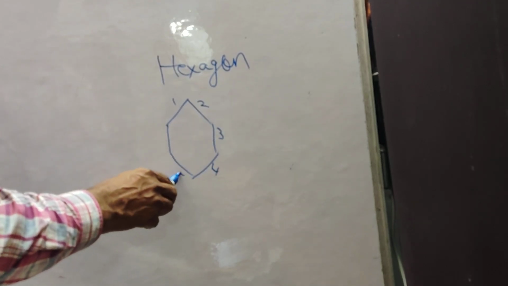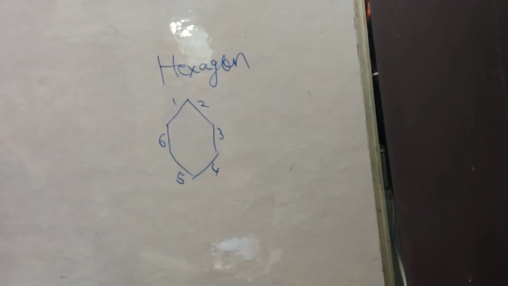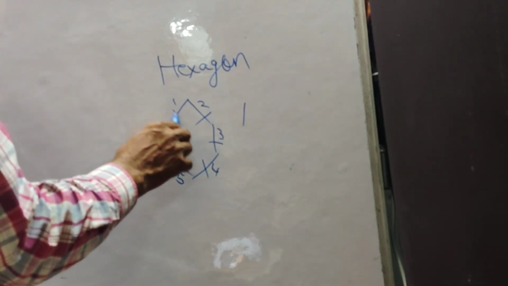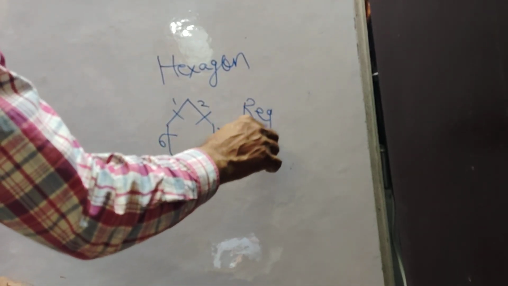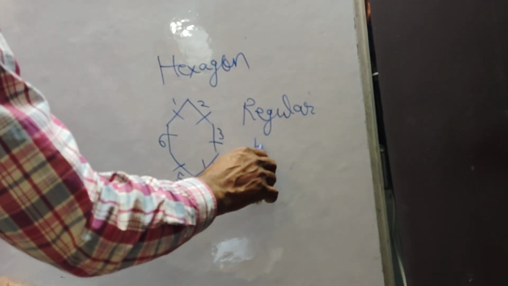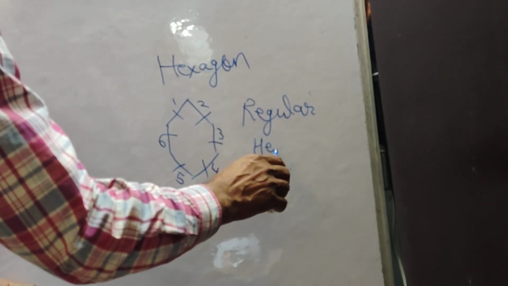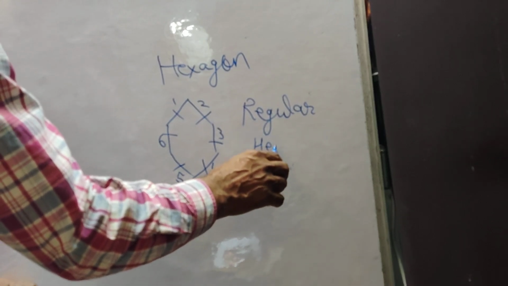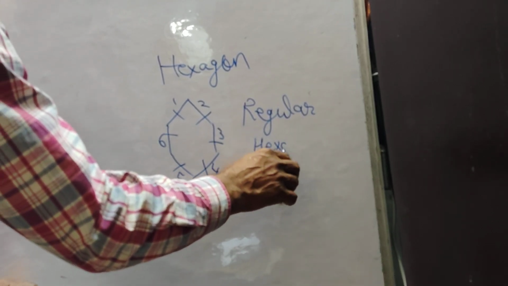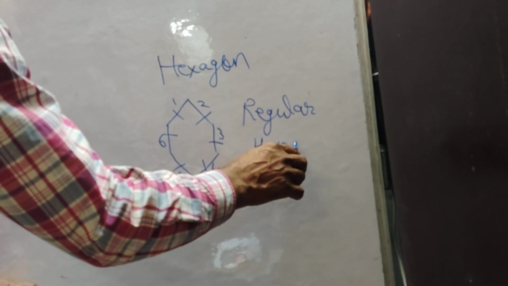If all six sides of a hexagon are equal, then it is called regular hexagon. Similarly, regular pentagon. Similarly, regular quadrilateral, where each angle should be equal. So, square is a regular quadrilateral.